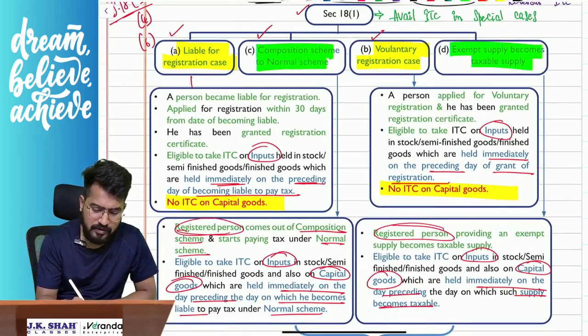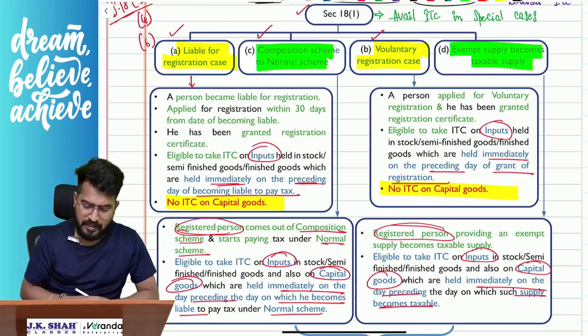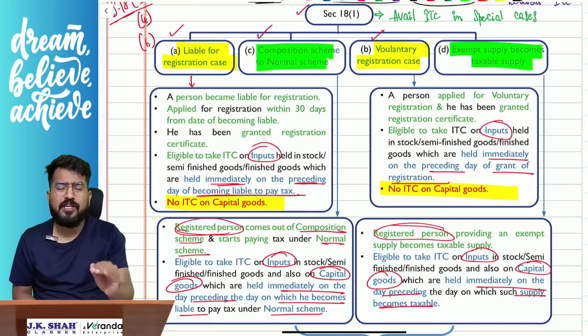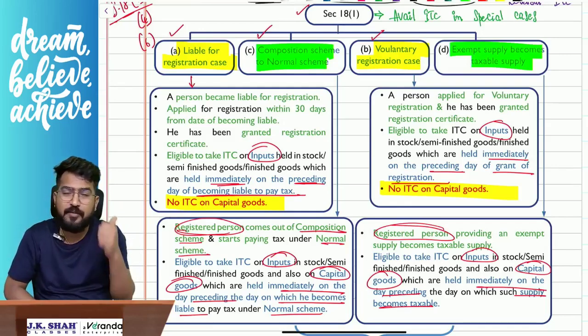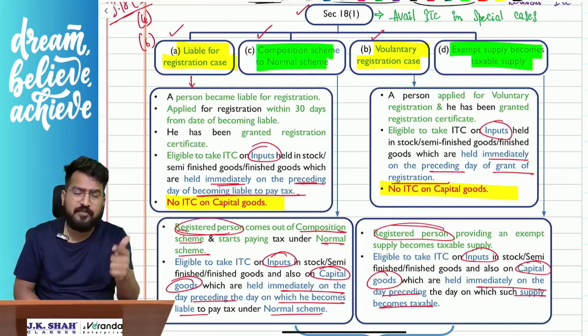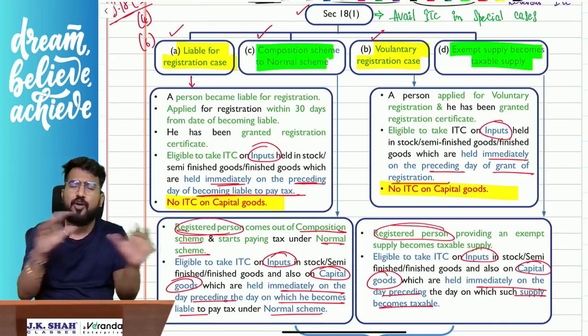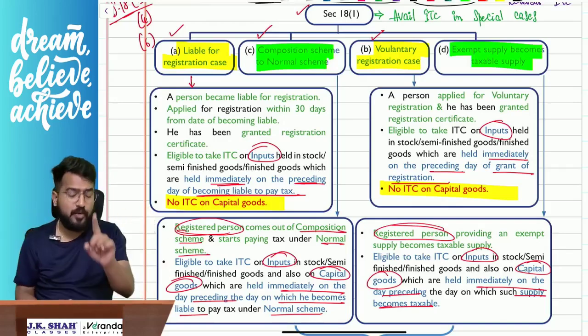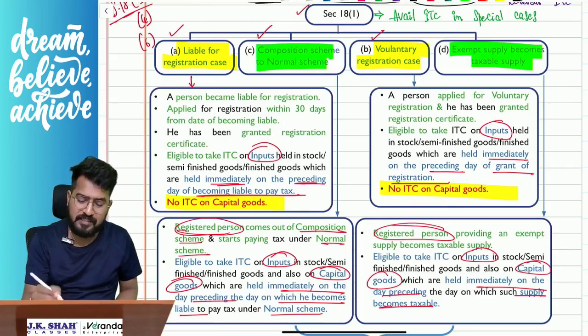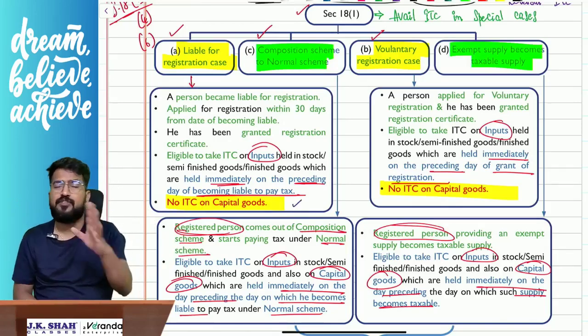Yes, this is the immediately preceding date of the date of becoming liable for registration. On that date, whatever is the closing stock you're having, inputs in stock or inputs in work in progress, inputs in finished goods, on all these things they will give you ITC, but no ITC on capital goods. Please understand that the important thing is here, no ITC on capital goods.